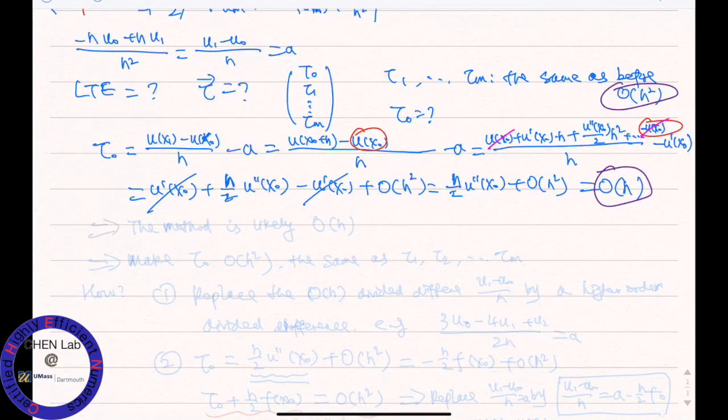This lack of accuracy at x0, comparing with x1, x2, all the way to xm, while the method has order h squared local truncation error, the only location where it has worse local truncation error is at x0. That likely means that the method is likely order h for the whole tau, okay.